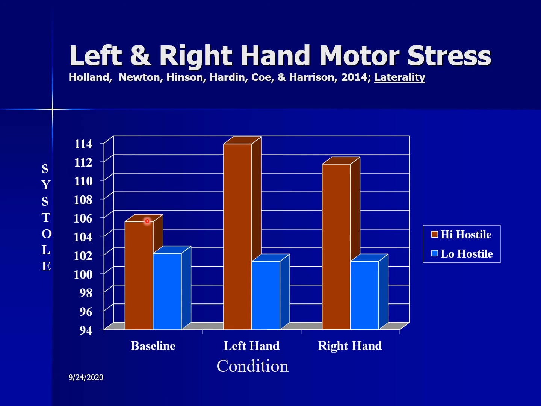What happens when we ask low hostile individuals to squeeze as hard as they can with their left hand, and as hard as they can with their right hand? They have plenty of capacity to squeeze with their hand and maintain control of their heart and their glucose and their cholesterol.